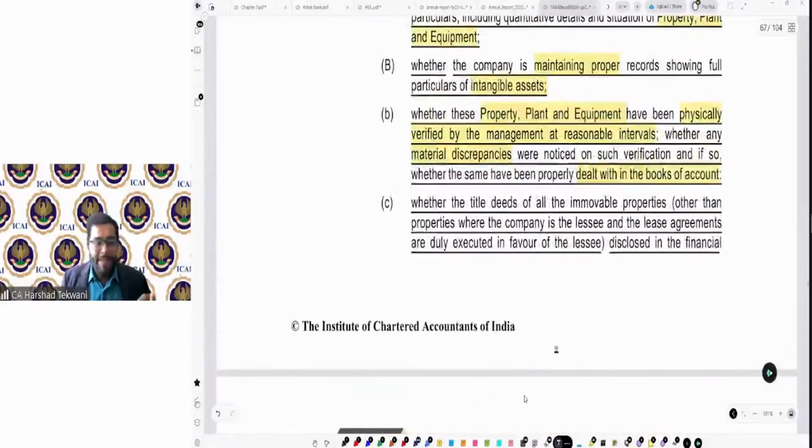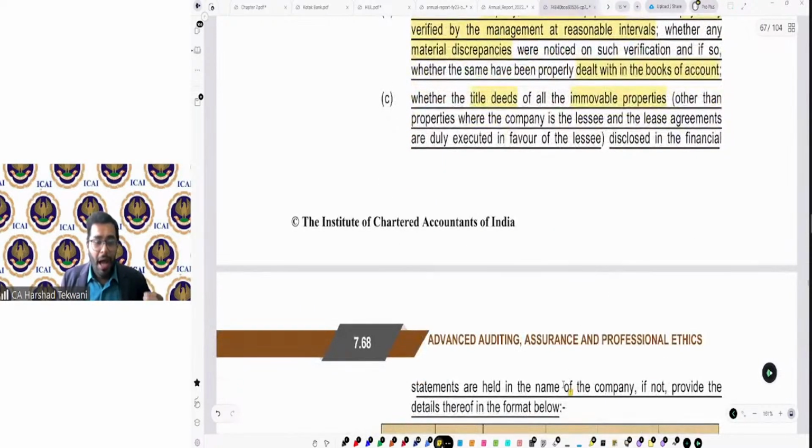So if there is any immovable property disclosed in the financial statements whose title deeds are not in the name of the company, then you need to provide the details of the same.